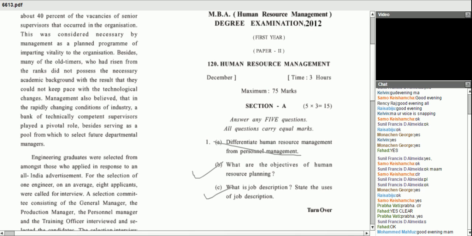Is it clear, Mohammed Mahfouz, what you have to do here? And Mohammed Khan, is it clear? You have to solve these two questions.